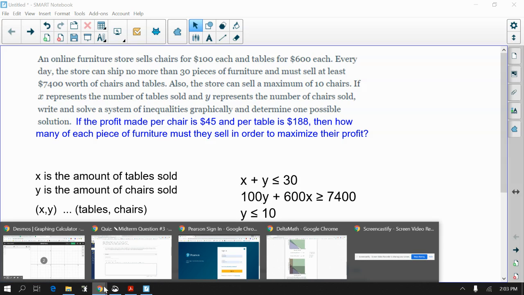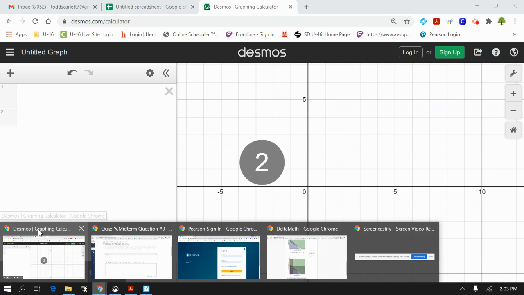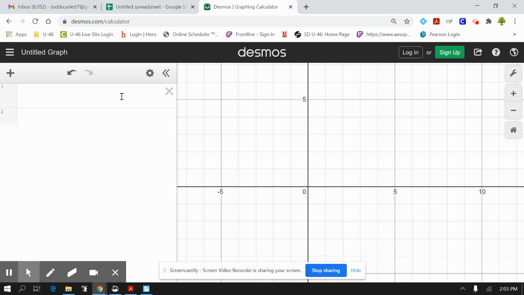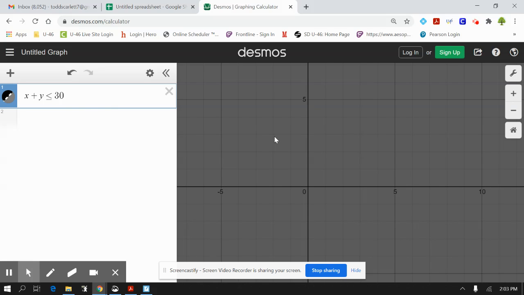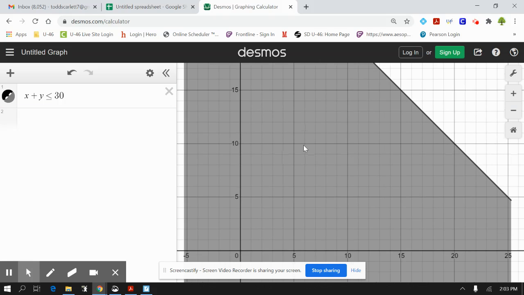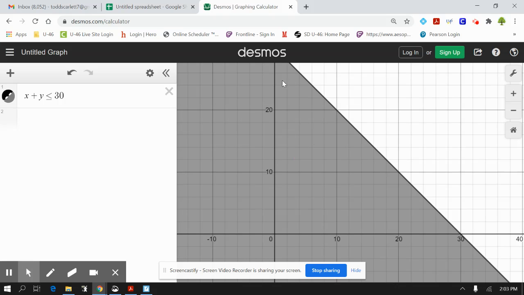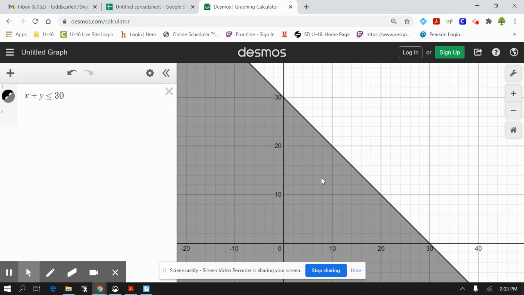So now let's go to Desmos and graph these guys. One was x + y is less than or equal to 30. If you press the less than, and then the equal to button on your computer, it should just convert to that. So let me zoom out. For all the ordered pairs in the shaded region, the x value plus the y value is less than or equal to 30.